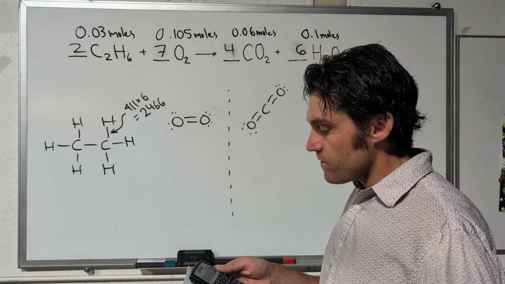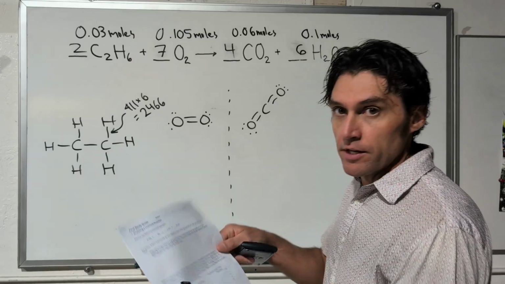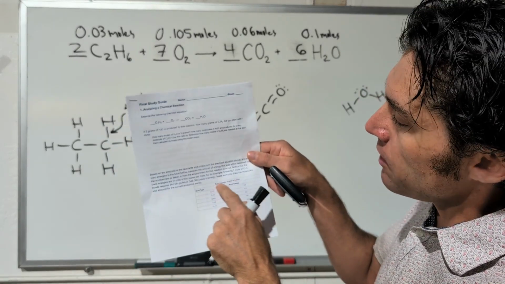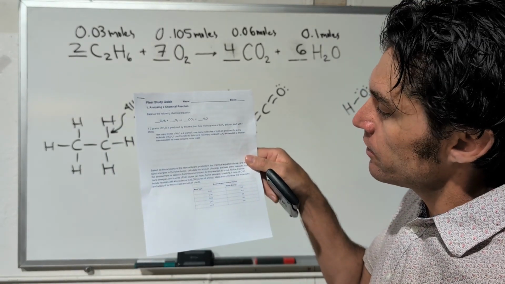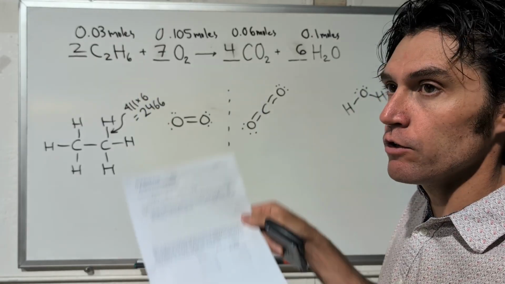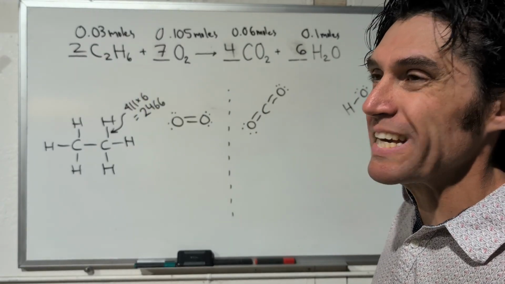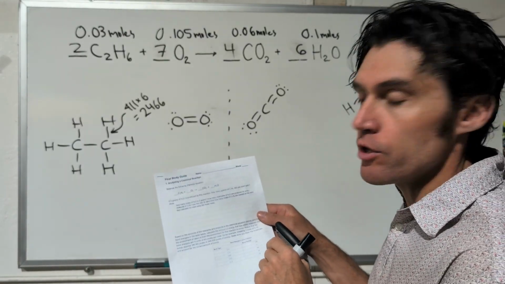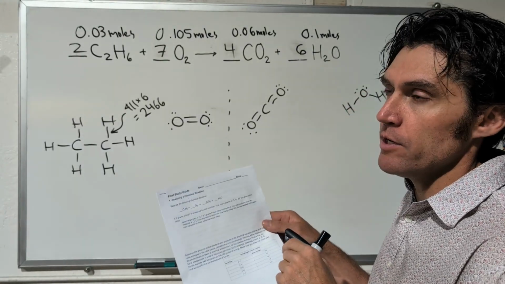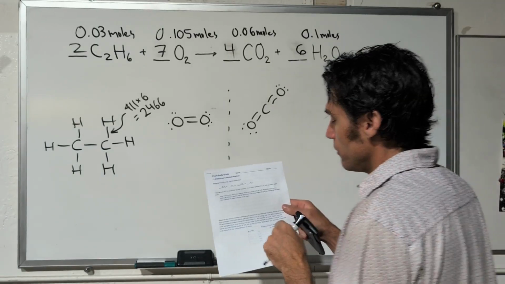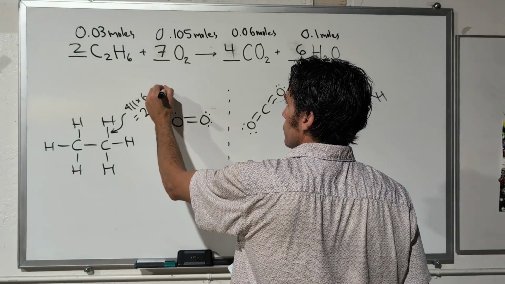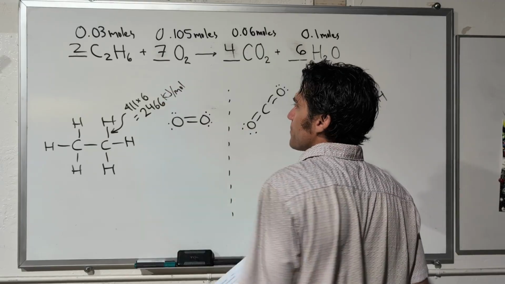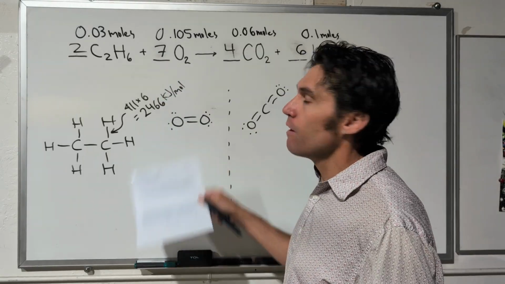Okay, now this is very important. If you look at the units on top of these bond energies, the units are kilojoules per mole. Because there's the J, that's joules, that's what we measure energy in. The K means 1,000. Now, do we have a mole?